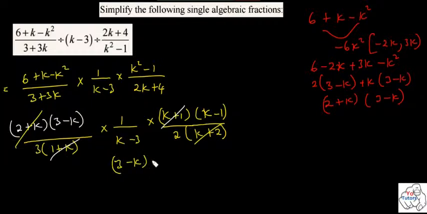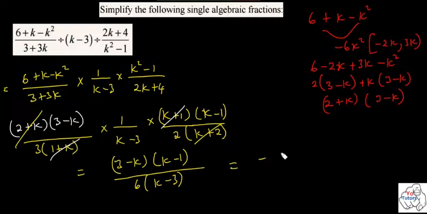I'll show you something again. Let's write 3 minus k there. Then here, k minus 1, all over 3 times 2 is 6, so it's going to be 6 times k minus 3. What we need to do now is apply a negative. When you apply a negative here, this will change to k minus 3, so in this case it will favor us.